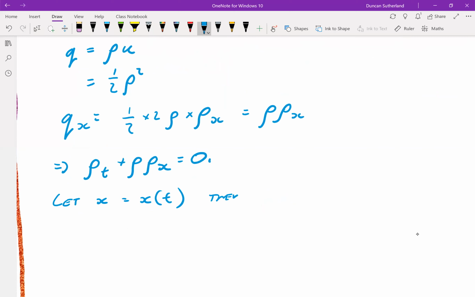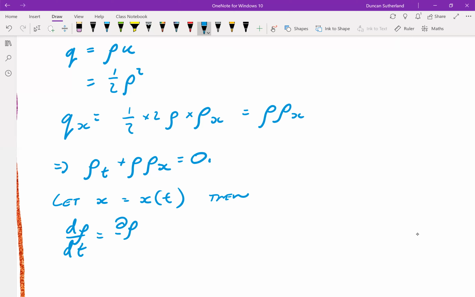Then we want the rate of change of density, rho, with respect to time. That's a total derivative now, because on these characteristics, rho is reduced to a single-variable thing.